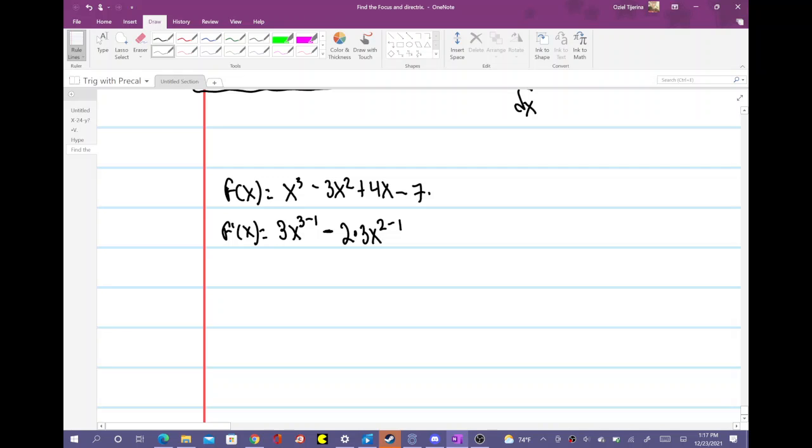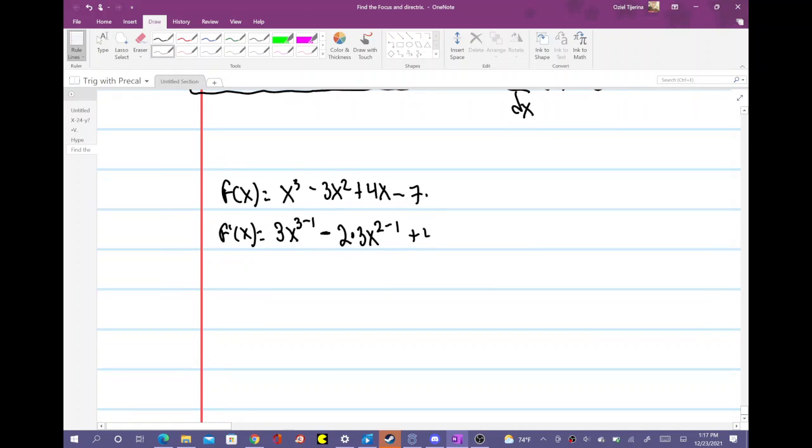Really it's 6x, but we're going to simplify it. And then what is the derivative of 4x, or the slope of 4x? The slope of 4x is 4, right? So plus 4. And then remember, the derivative of a constant is 0, so it's going to be minus 0.